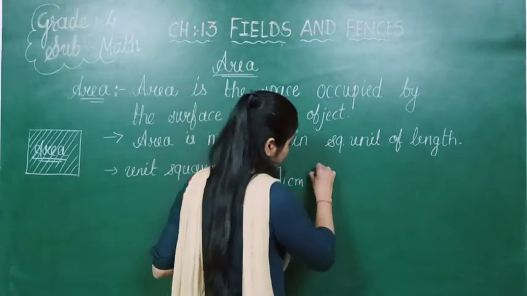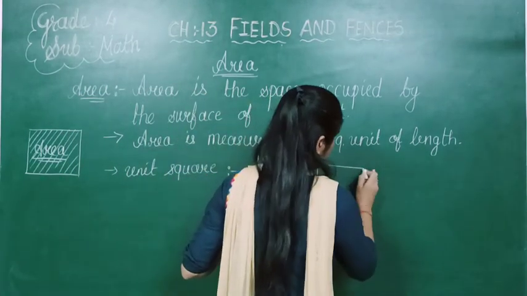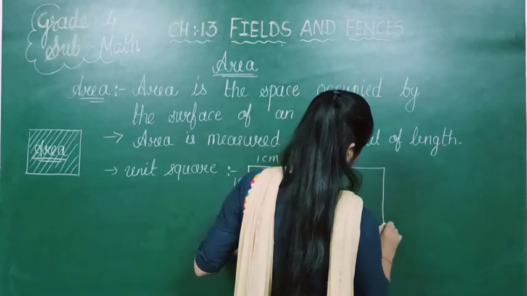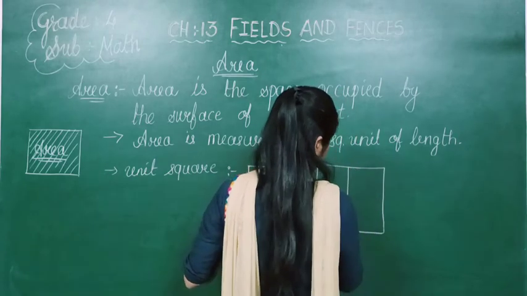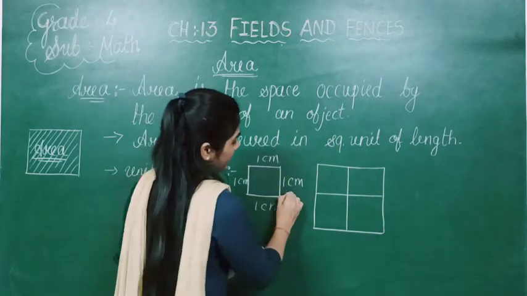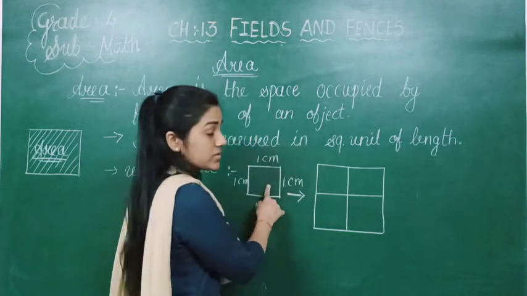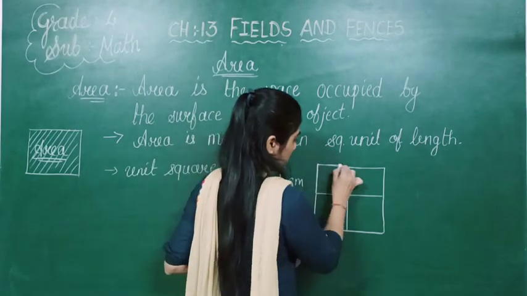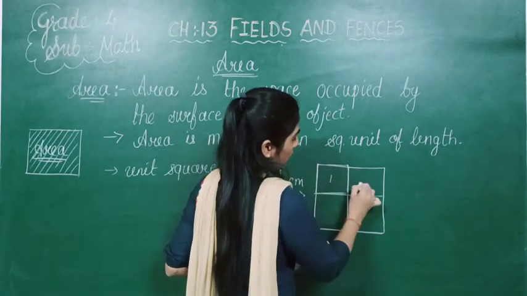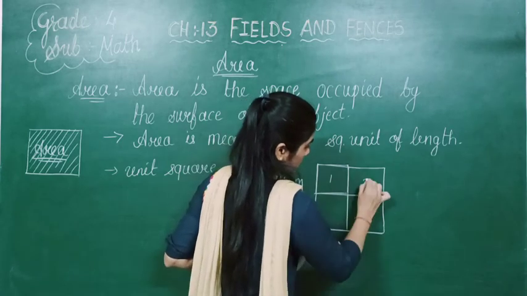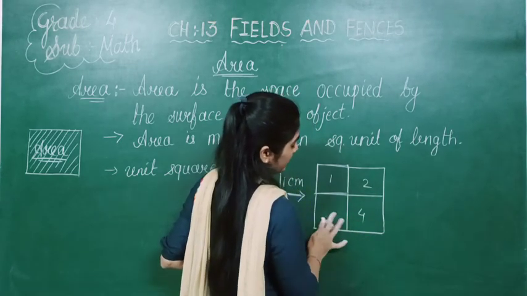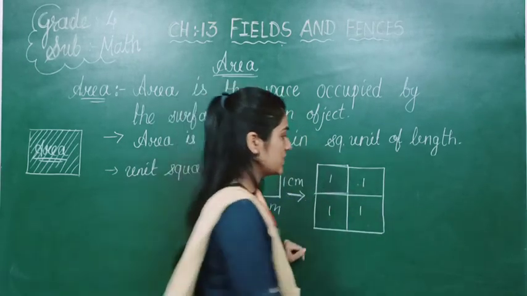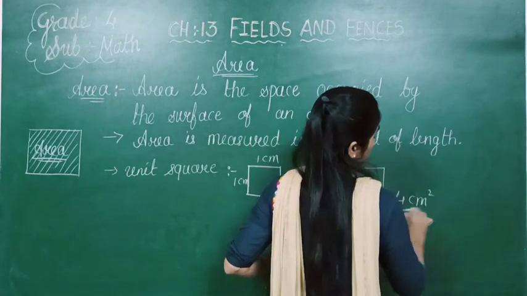So if we are fixing this small square unit in this big shape, it looks like this: this is 1, this is 2, this is 3, this is 4. Means if individually we are counting 1, 1, 1 and 1, so this is 4 square centimeters.